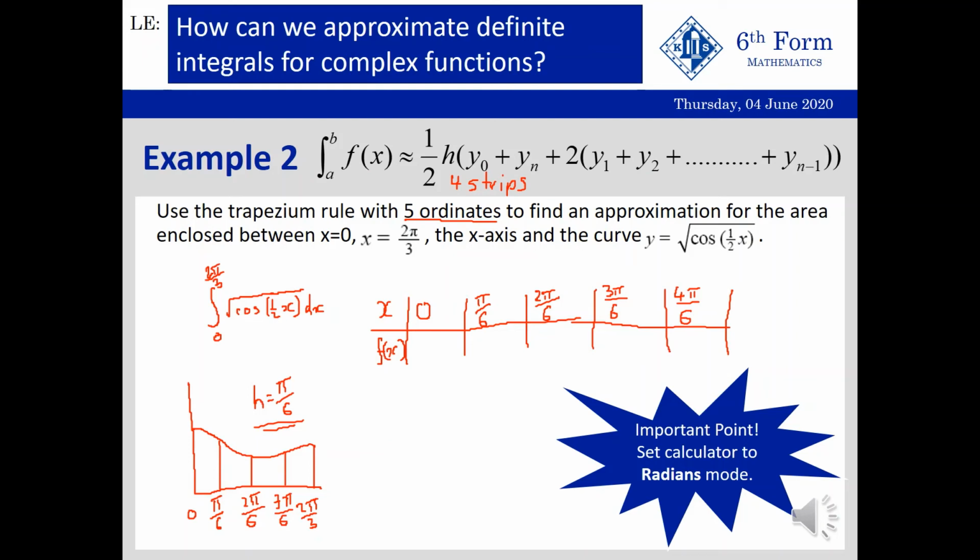So again, I've got my calculator in radians mode. I've entered the function in. You can just type the limits in using pi on the calculator and it will turn them into decimal values for you.